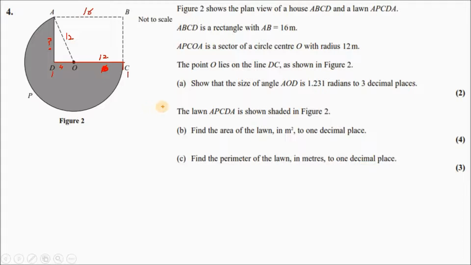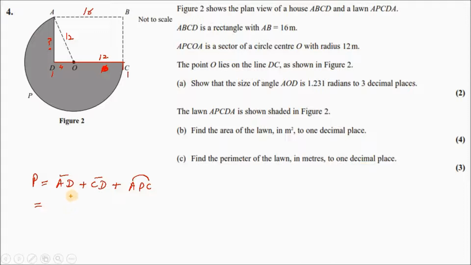Okay, so now the idea of the perimeter is: the perimeter of the shaded region P is the length of AD, plus the length of CD, plus the arc length of APC. This is the arc length. Now AD is found using the Pythagoras theorem.